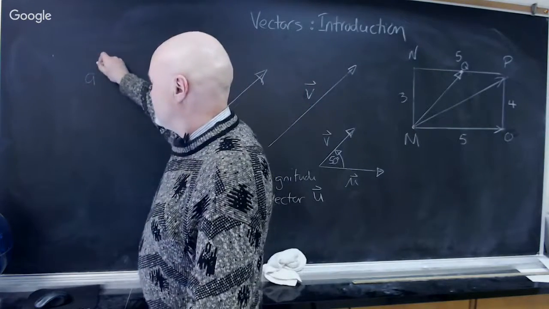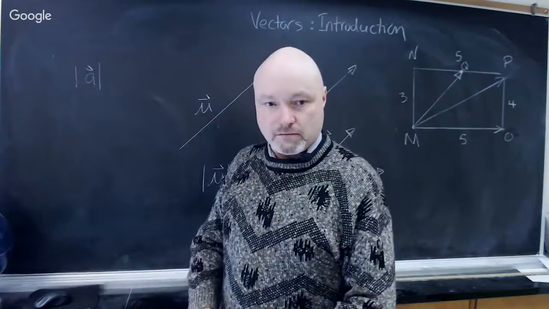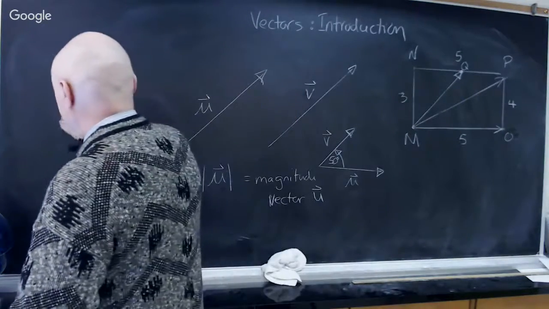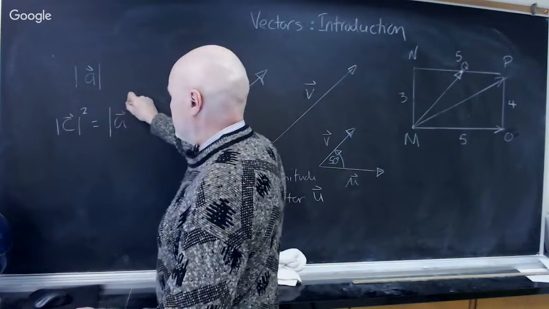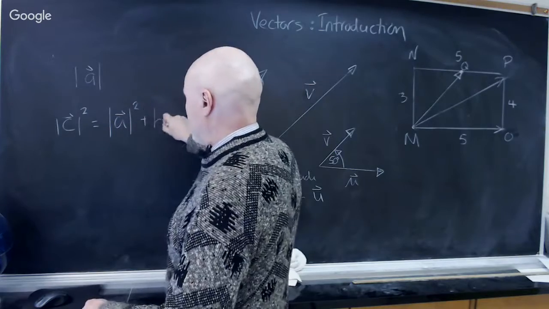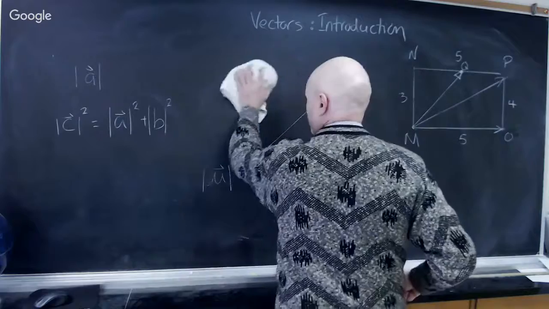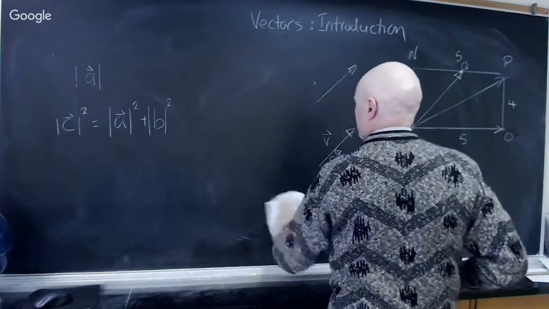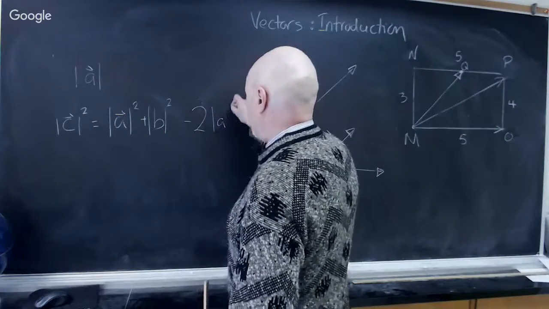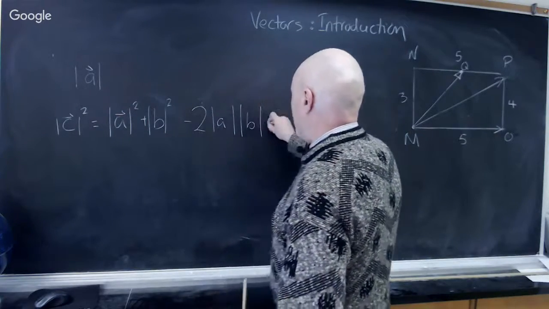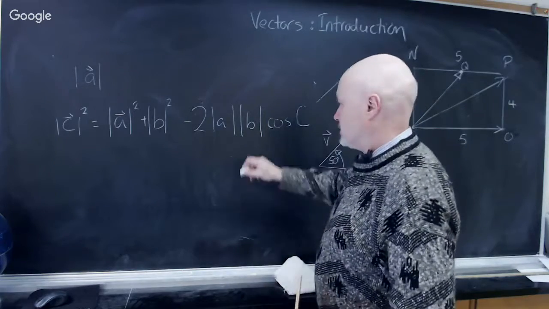C squared equals A squared plus B squared, so it's just the Pythagorean theorem, and we adjust it a little bit: minus 2AB times the cosine of whatever C is.